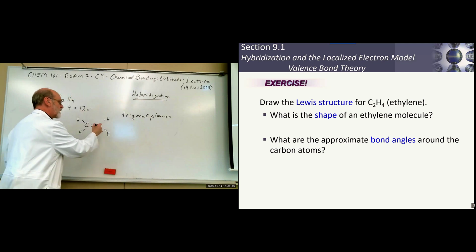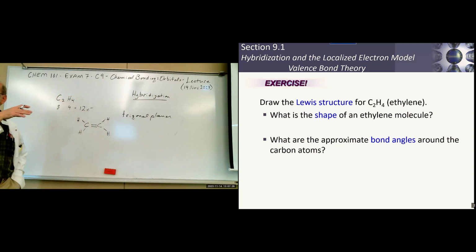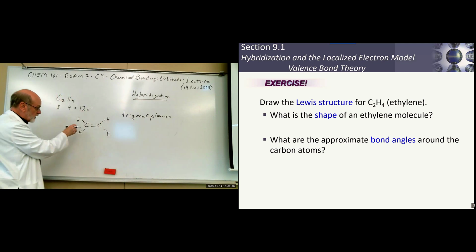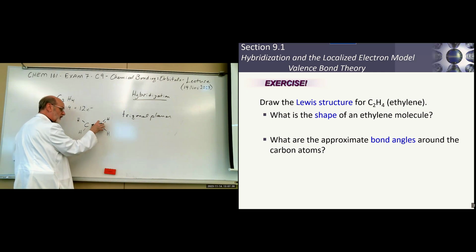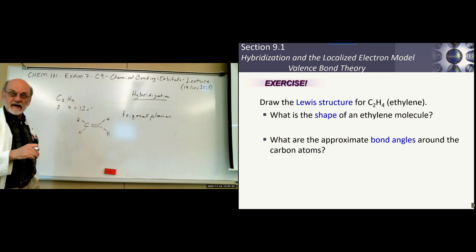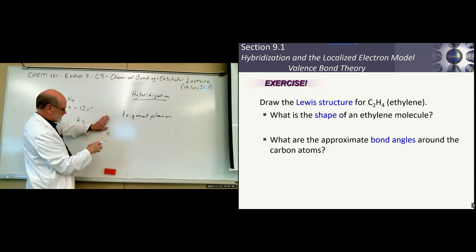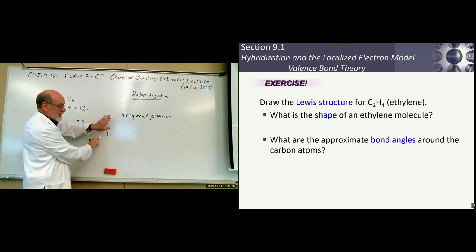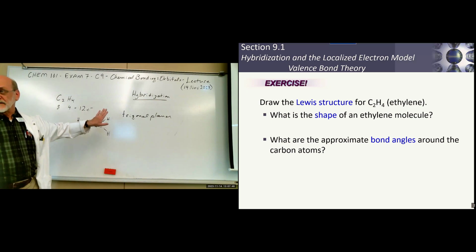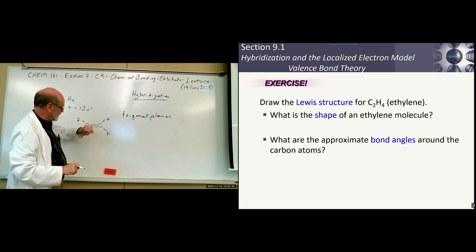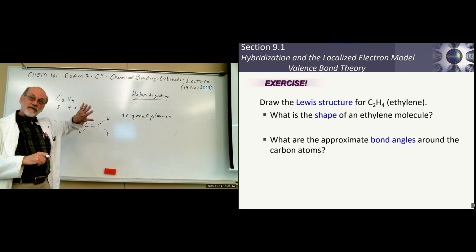Since there are no lone pairs, the molecular structure is also trigonal planar around this central atom, trigonal planar around that central atom. Notice that if this is trigonal planar, if that's in a plane, double bonds don't rotate. So if this is in a plane here, that's in the same plane. This is a flat molecule.